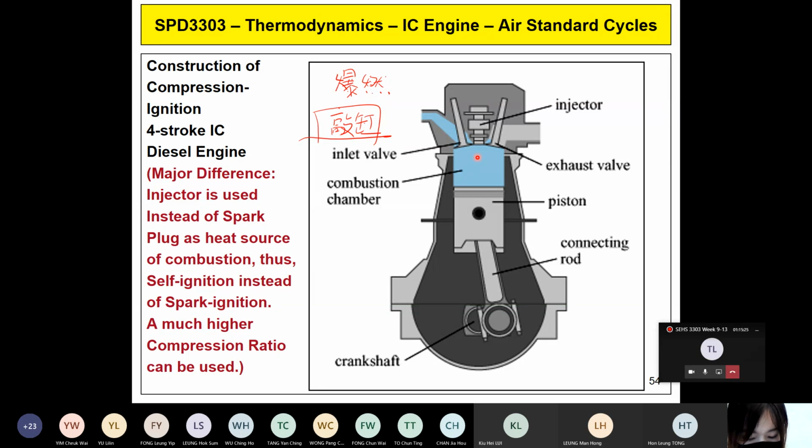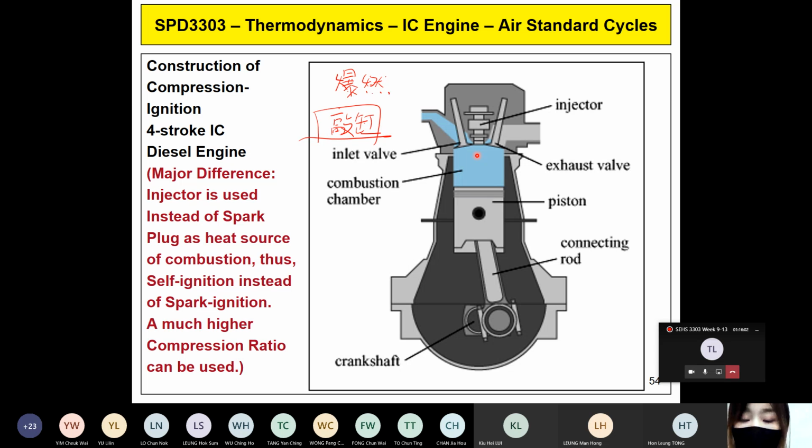Because the self-ignition temperature of diesel is about 210 degrees C, and the compressed air now has a high temperature and high pressure, about 600 to 800 degrees C, after the injection the diesel self-ignites, so that combustion occurs.